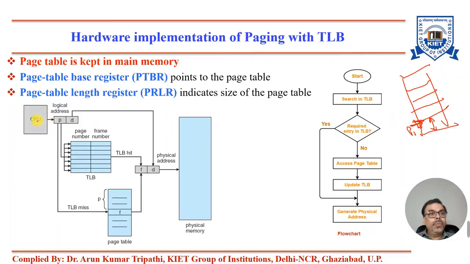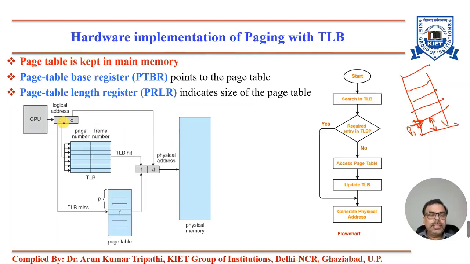So what will happen? The CPU will generate an address. It will first search in the cache memory. The TLB can be implemented as an associative memory, which is very fast memory. Here there is a mapping from a page number to the corresponding frame number.